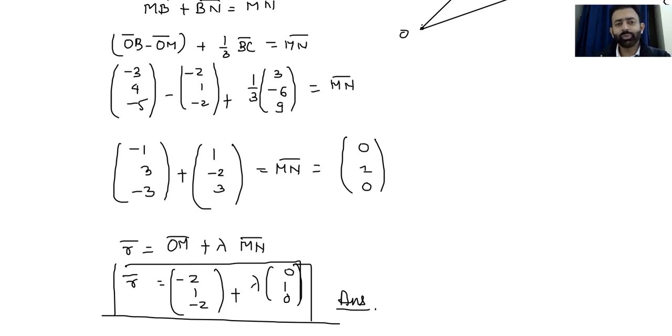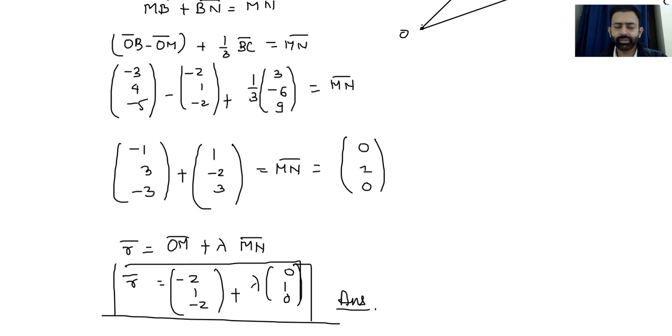So like this, you will get some questions on finding out the vector equation. So do not hesitate if there are multiple parts or if there is so much information. Just remember this, that triangular law of addition is the basis of finding out the vector equation of a line.